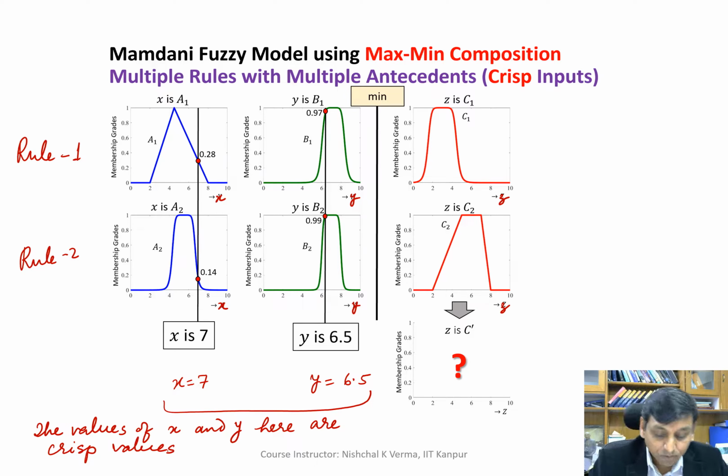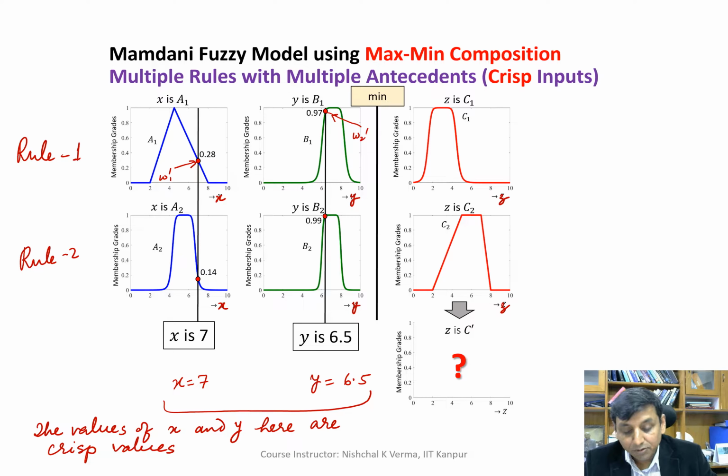Okay. So when we have crisp values, we apply these crisp values, and we see if there is any intersection here on A1 for x is equal to 7. So we see that we have one intersection. So we call this as W1 dash. Similarly, for y value, we see whether there is any intersection here. Yes. For y is equal to 6.5, on V1, we have W2 dash.